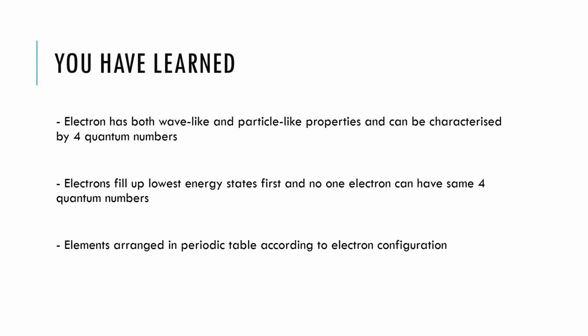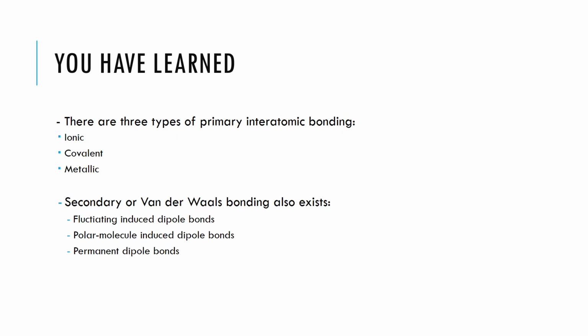We've discussed how elements are arranged in the periodic table, and they are arranged according to their electron configuration. We've looked at the 3 types of primary interatomic bond, ionic, covalent, and metallic, and we've taken a look at some of the secondary bonding that can exist between atoms and molecules.